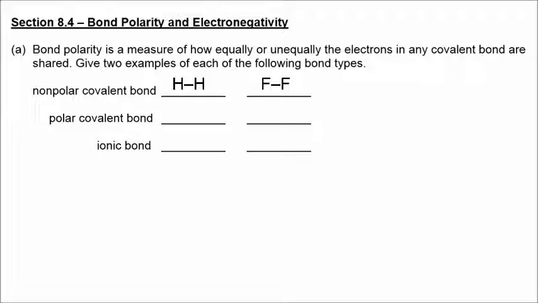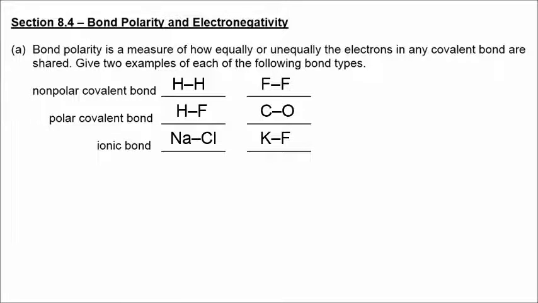But for a polar covalent bond, they should be two nonmetals and they are different. And whichever atom has a greater electronegativity is going to be attracted more strongly to that pair of electrons. Finally, an ionic bond would be typified by a metal and a nonmetal. So I've given you two examples of that.